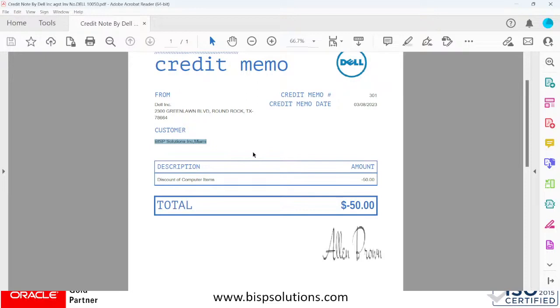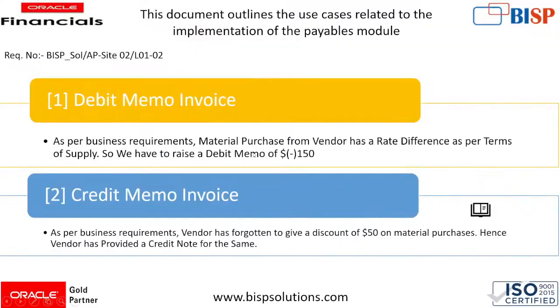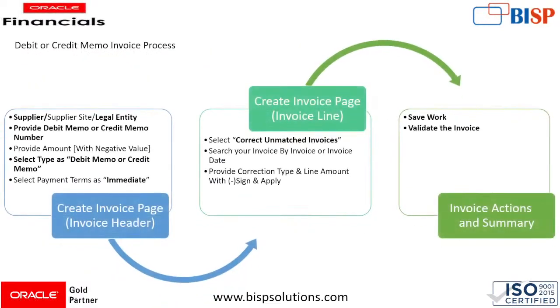So let's navigate to the application. Before navigation, let us look at the debit memo process. Basically, we select the supplier, supplier site, and legal entity in the invoice header, and provide the debit note number or credit note number and the amount as a negative value.